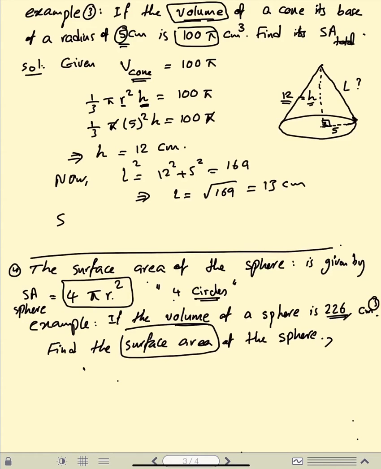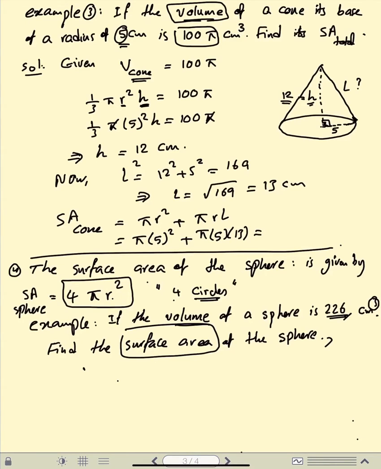Then you write the surface area of the cone. Look, it's easy and nice, dear students. It is equal to pi r squared, which is the area of the circle, the base, plus pi r l. Just replace the values. Pi times 5 squared plus pi times 5 times 13.